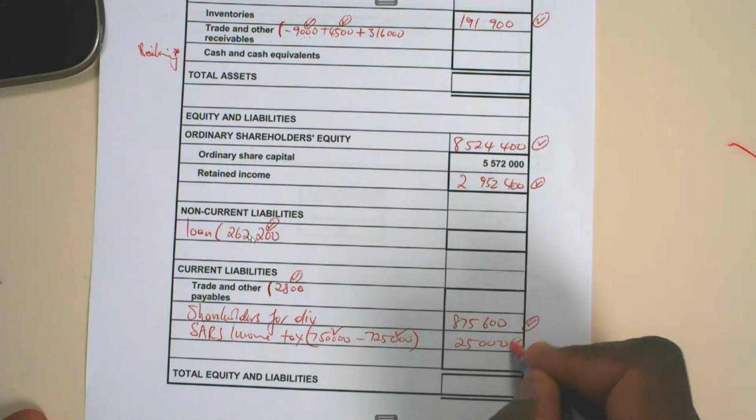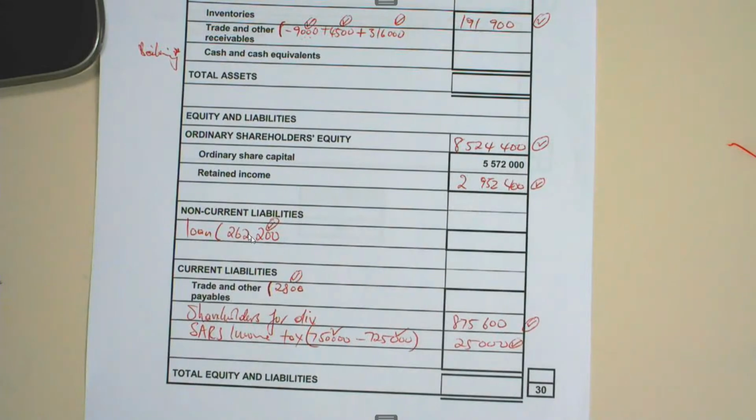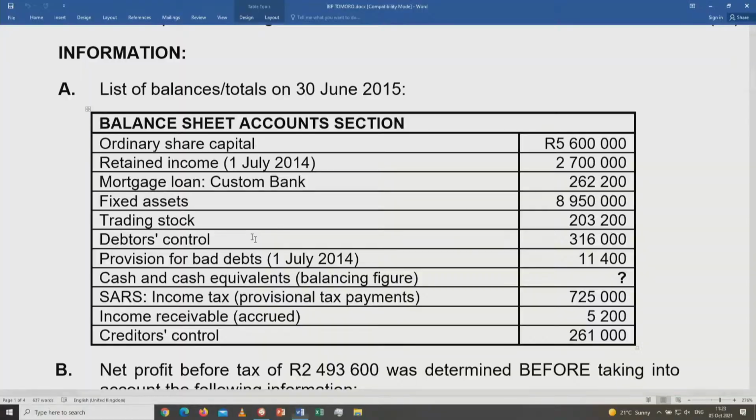Three marks so far. We'll count how many free marks we got by only transferring. Income receivable of 5,200 rand. Income receivable, the name is accrued income.